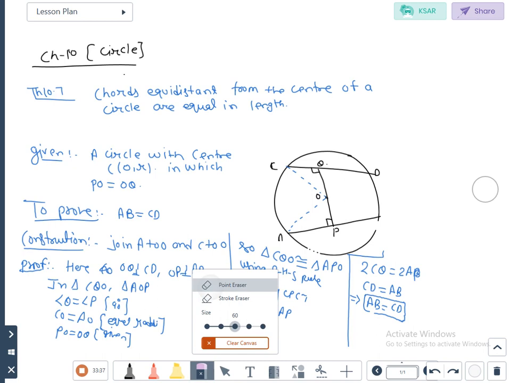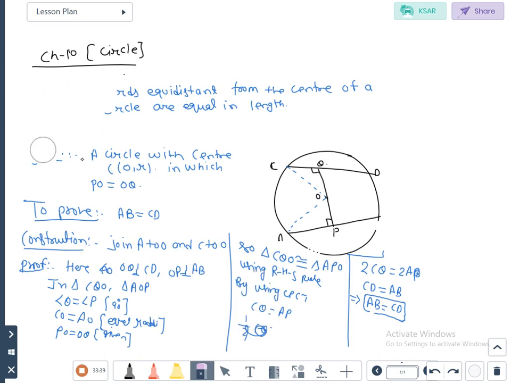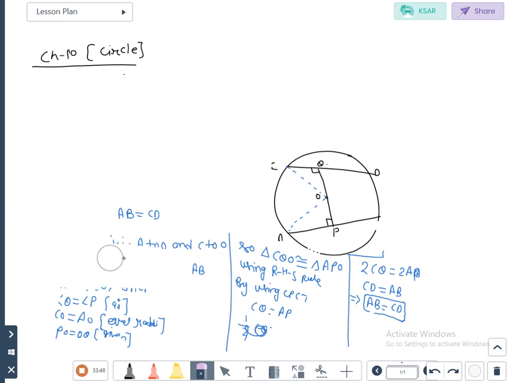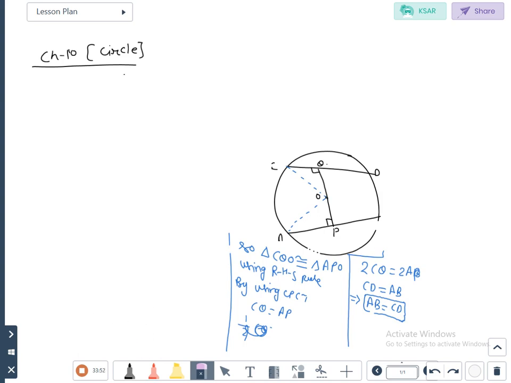In that question, what is given to you, students? Exercise 10.4, question number first.